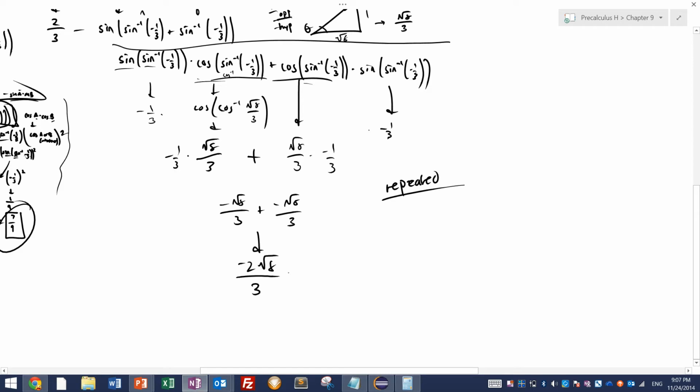So this can be simplified further, because root 8 is also root 4 times 2, and that can be taken out as 2. So you multiply 2 times the negative 2 that was already there, which means that's going to be negative 4 root 2 over 3. Right?